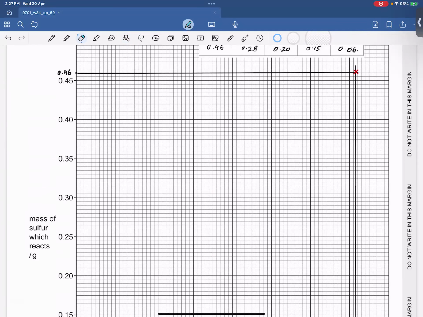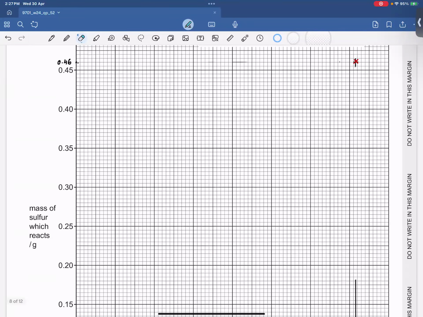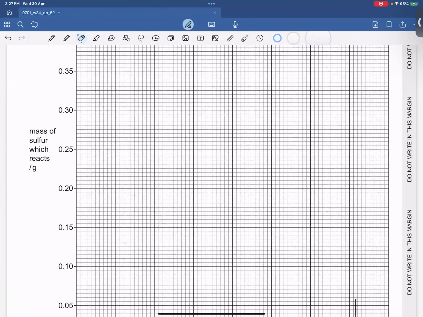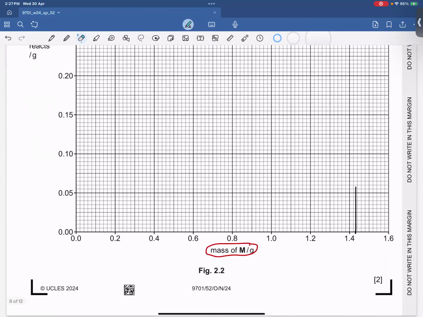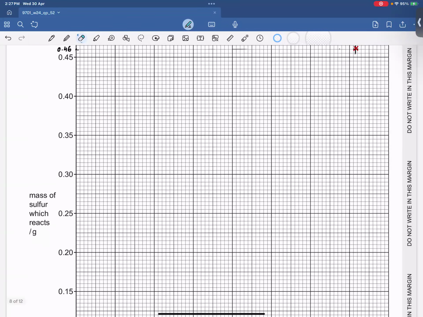Since my eyesight is really weak, I can't read the points properly, which is why I'm drawing the lines here. This is my first point.